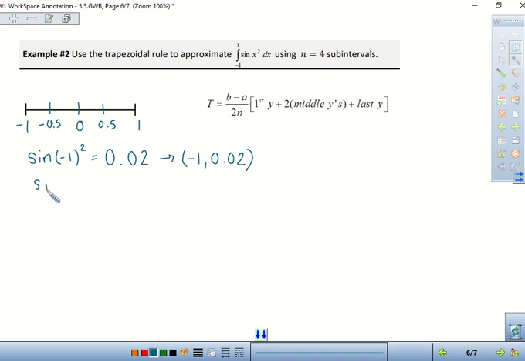Now we're going to do sine of -0.5 squared. So that's going to be sine of 0.5 squared. And that gives me 0.004.